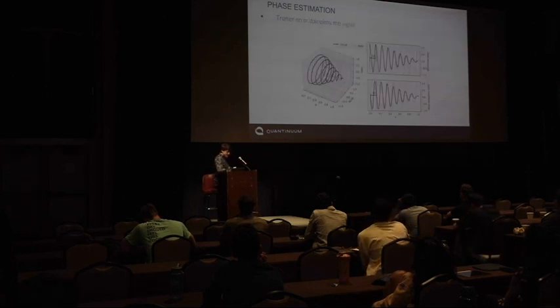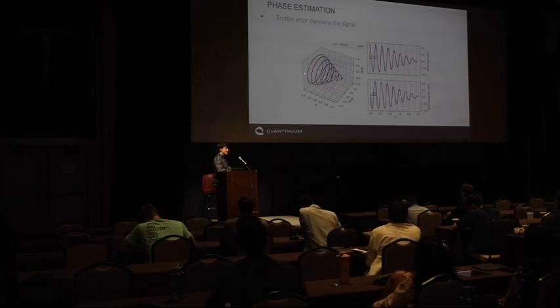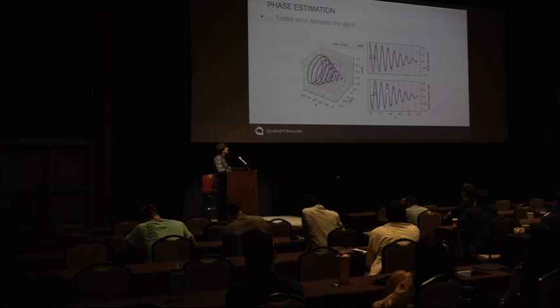Now, when you have Trotter error, when you think about things in this picture, Trotter error dampens the signal quite significantly. So you can see here we've got the exact evolution, and the Trotter error is basically ruining the evolution. But interestingly, the phase stays quite stable in time, but the peaks are obviously dampened significantly in the Trotterization picture.